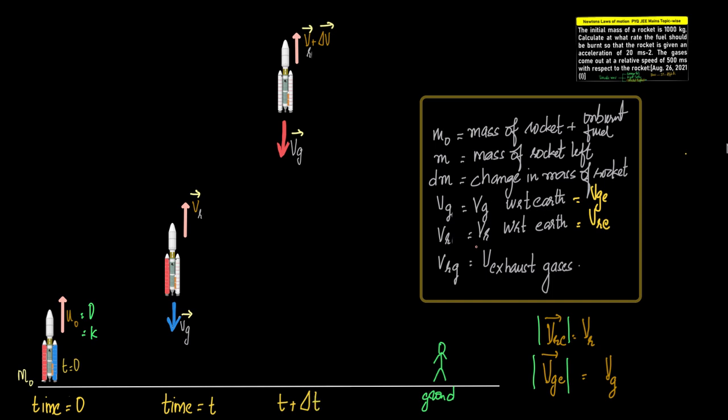After some time dt, we see that additional mass has also been burnt. Say the burnt mass of the fuel is dm. The mass of the rocket at this point was m. Now the burnt fuel has reduced the mass, so the new mass is m minus dm, right?